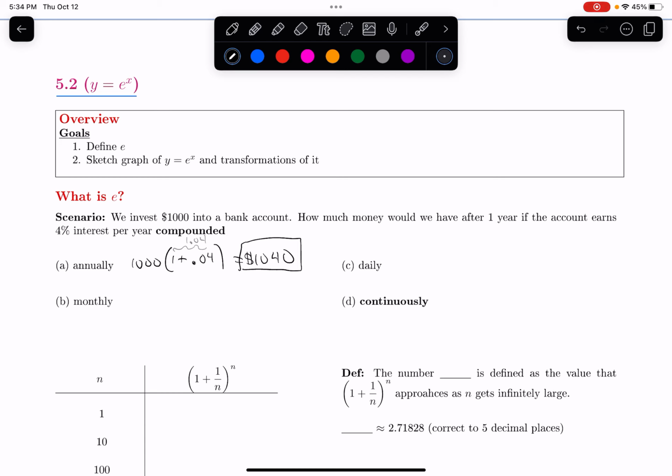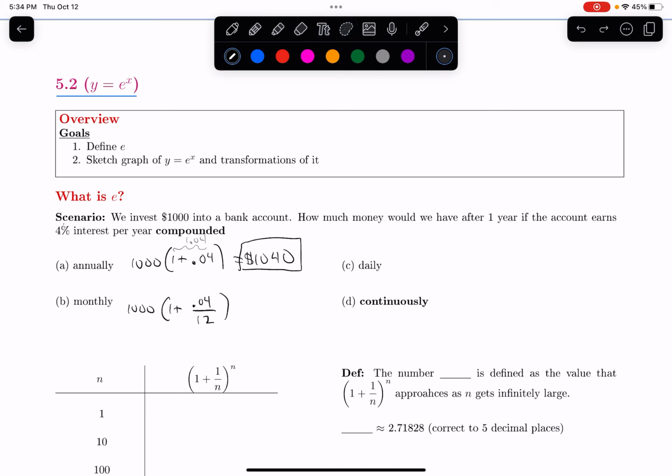Part B says, well, now what if we compound this interest monthly? So instead of just getting interest once at the end of the year and having that just be 4%, now we are going to get interest every month. But because we're getting interest every month, we're going to cut this 4% into 12 chunks. So I will have 1,000, my starting value, times 1 plus 0.04 divided by 12, because there are 12 months in a year.